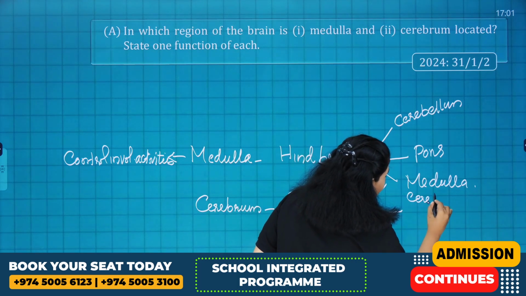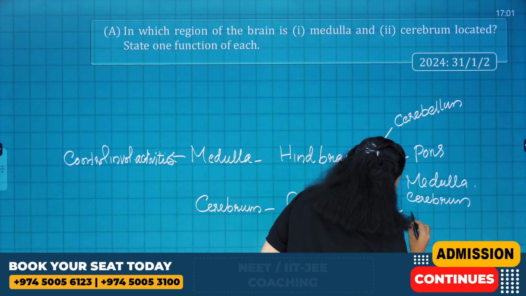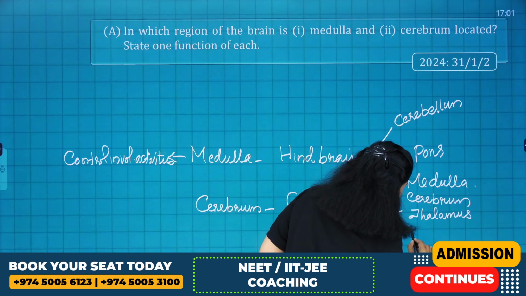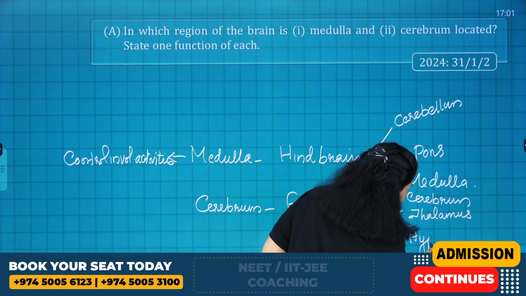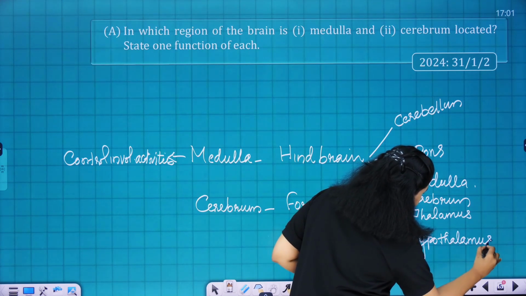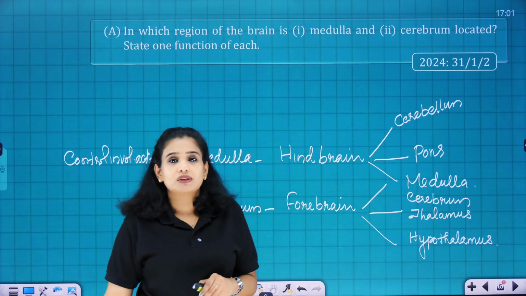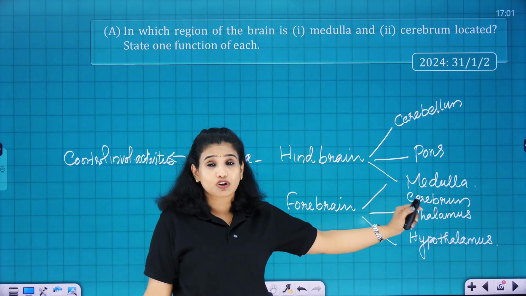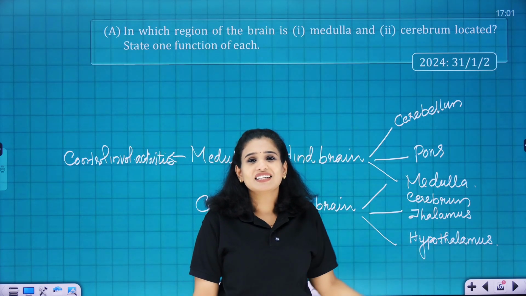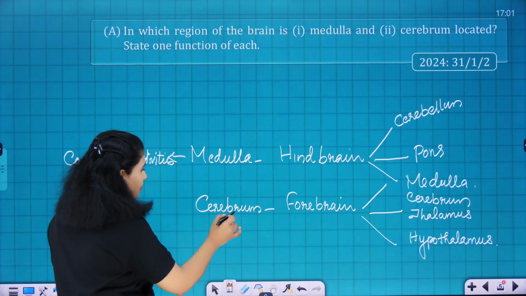That is cerebrum, thalamus and hypothalamus. So where is the cerebrum located? In the forebrain region.